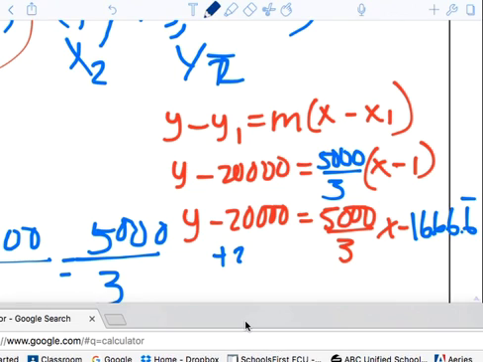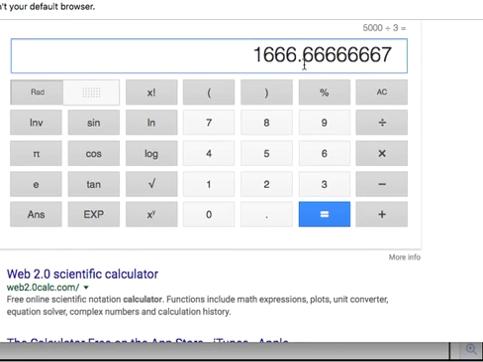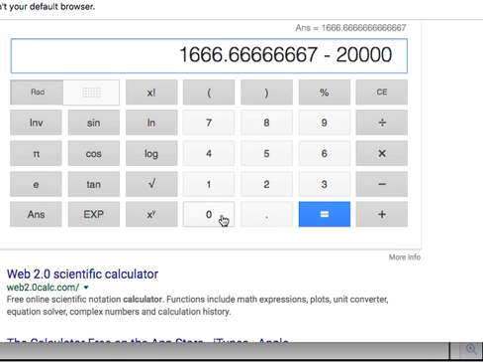Add 20,000 to both sides. Use the calculator. You get y equals 5,000 over 3 x plus, you're going to subtract that from 20,000 because it's a negative and a positive, and your answer will be a positive 20,000.